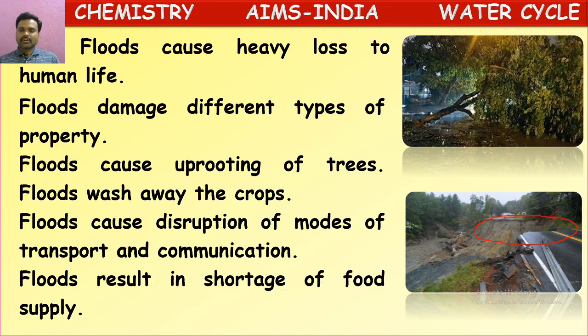So the transport will be stopped until it is recovered. In that way, food items cannot be supplied to those areas where the roads are damaged. Therefore, a shortage of food will occur, and even crops will be damaged because of heavy rains. Some crops will be spoiled before giving the yield. So in that way also, shortage of food will occur because of floods.